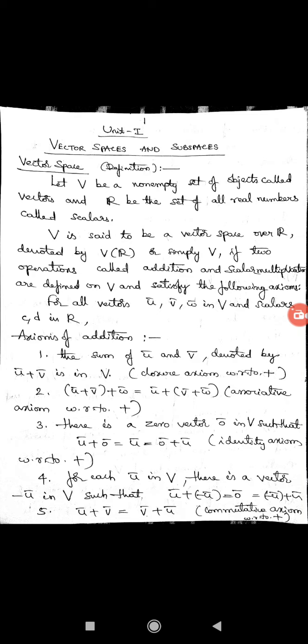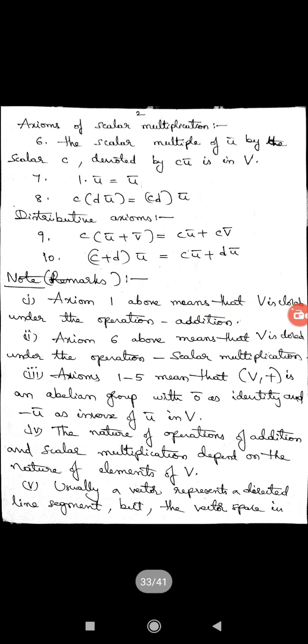So these five axioms come under axioms of addition. And what else are the properties required for the set V to be a vector space? Let us see. There are two more subtitles. The next one is axioms of scalar multiplication.